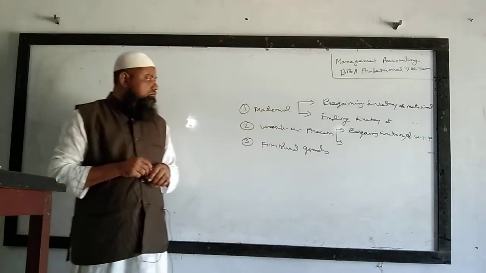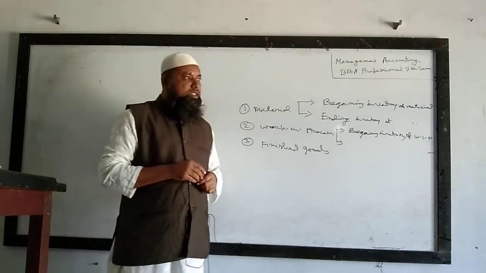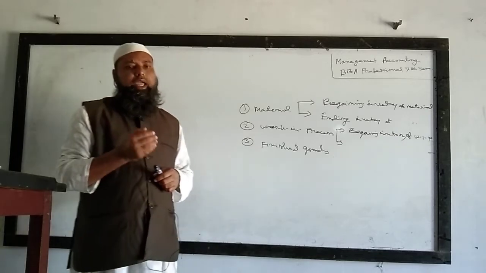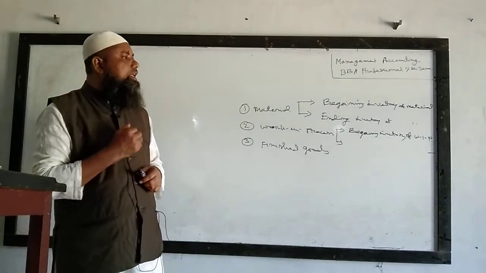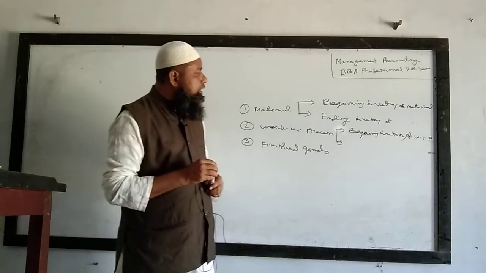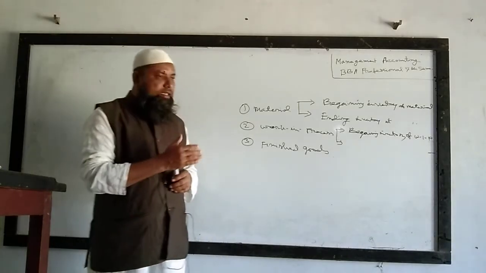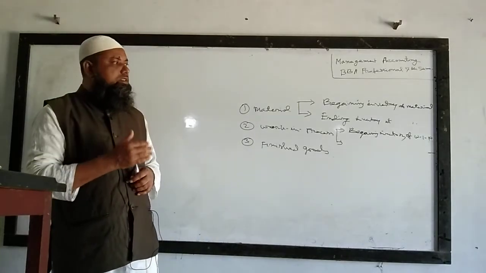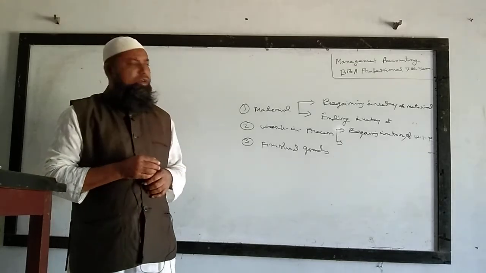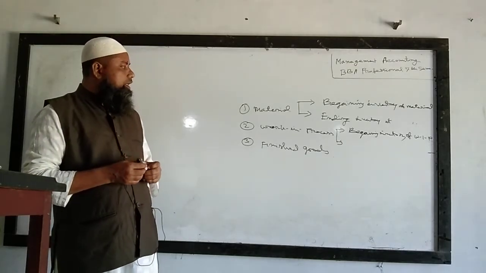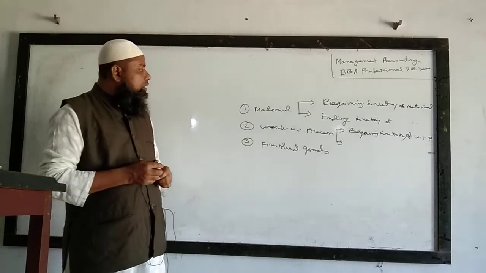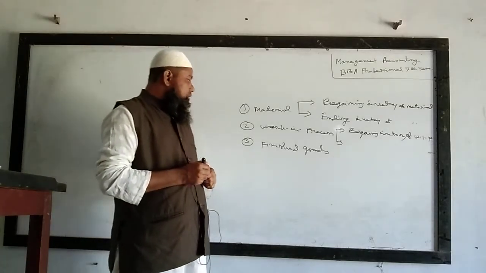Work in process on hand at the beginning of the accounting period is called beginning inventory of work in process, and work in process on hand at the end of the accounting period is called ending inventory of work in process.